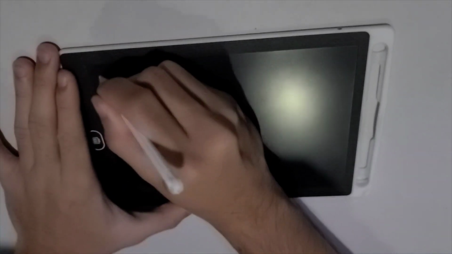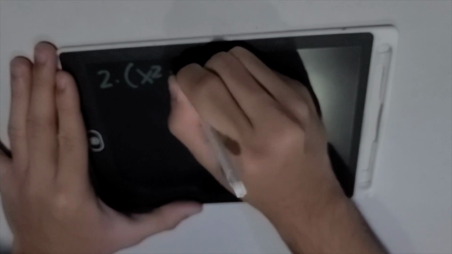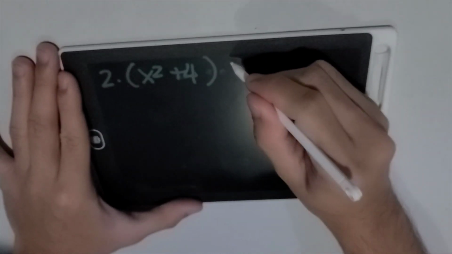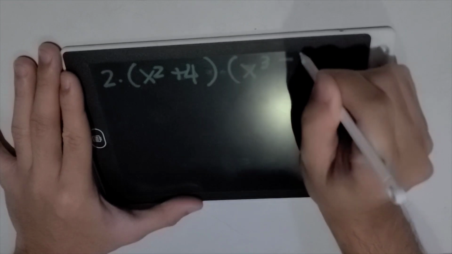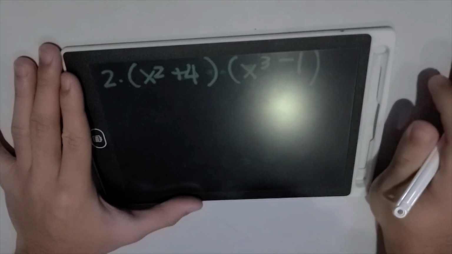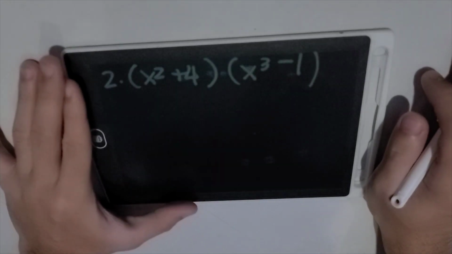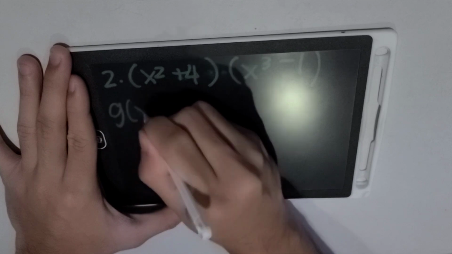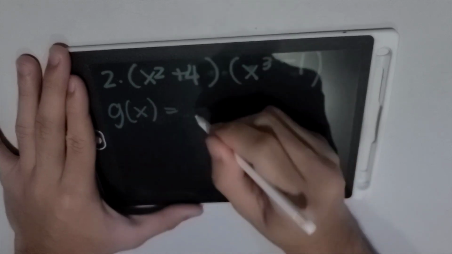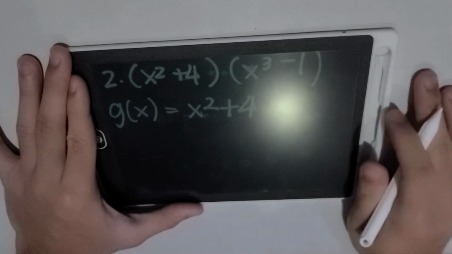Our next example is the quantity x squared plus 4 times the quantity x cubed minus 1. Like the first example, we have to identify the g of x and the h of x. Our g of x is x squared plus 4.